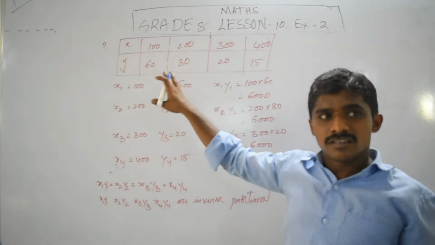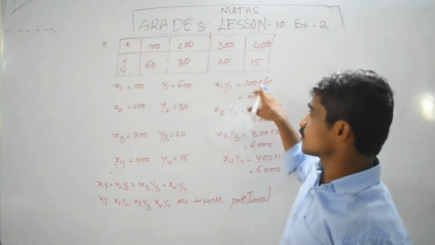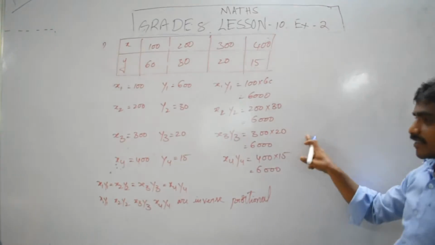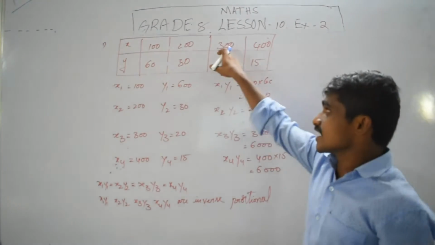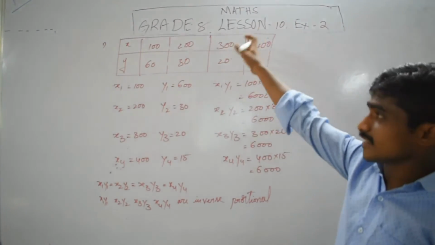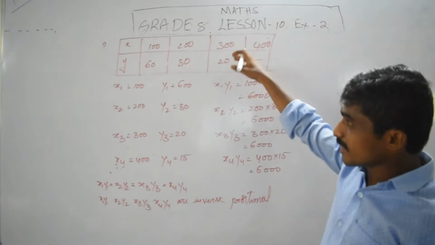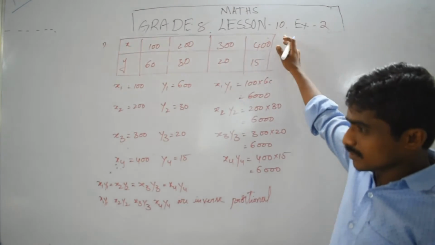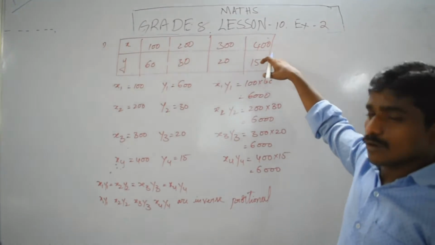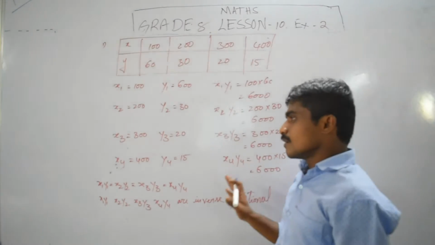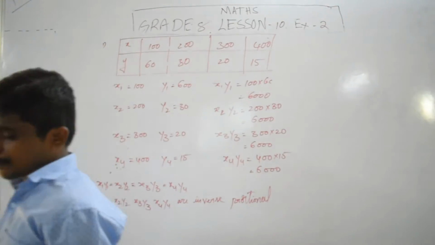Both we are multiplying, all are equal. Here see, x quantity increasing and y quantity decreasing. Here x quantity very high increasing, here y quantity low decreasing. So now these are inverse proportional.